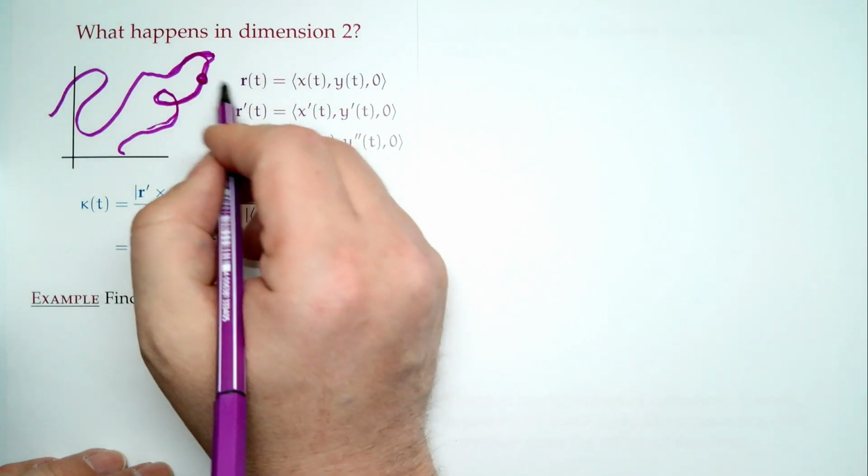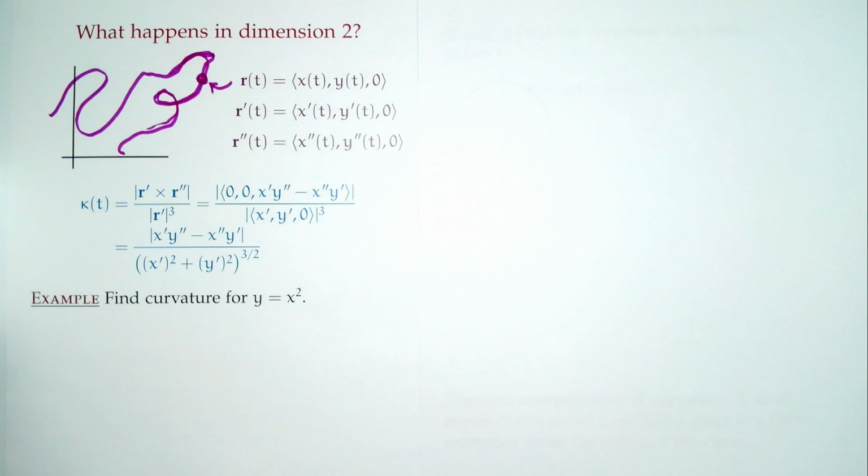So this is my r of t. And since I'm in dimension 2, I can secretly put it into dimension 3. So I do it by x, y, 0. I add in that last entry of 0. So I can always put anything in dimension 2 into dimension 3 just by adding enough.